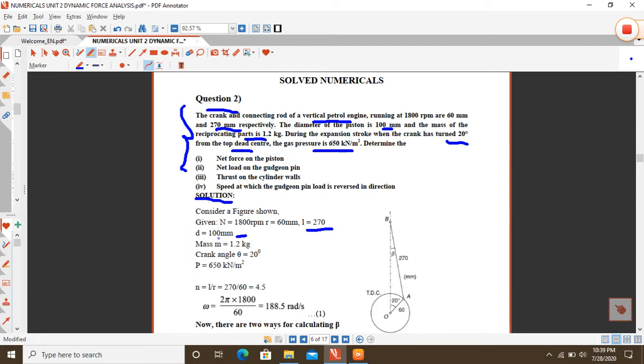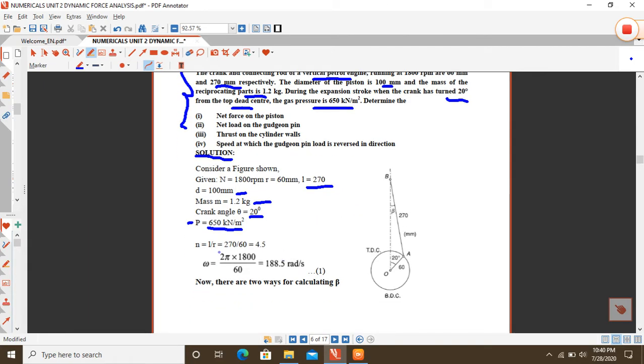So D is given to us, mass small m is given, 1.2 kg, crank angle is also given, that is 20 degrees, and the net gas pressure is given. To calculate the pressure force, we will be multiplying this pressure P with the area at the cover end, that is pi by 4 into D square. D is also given. So let's begin.